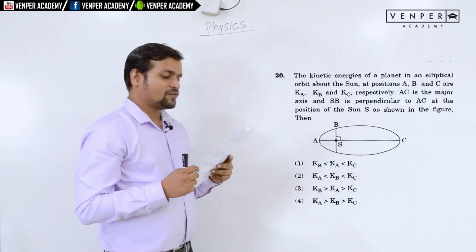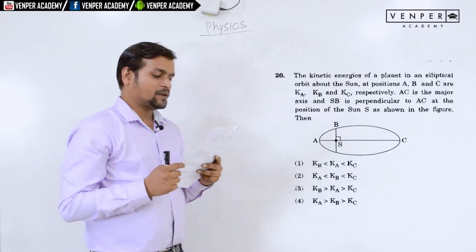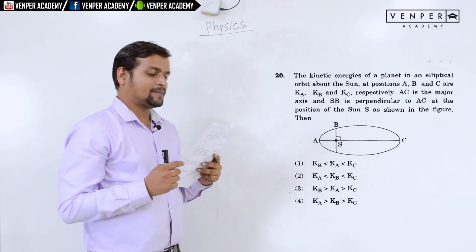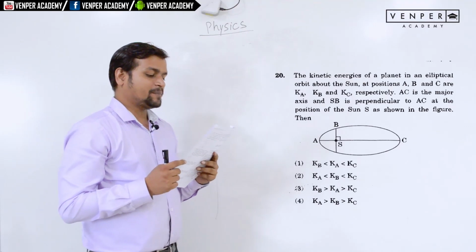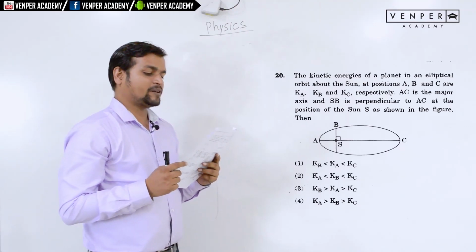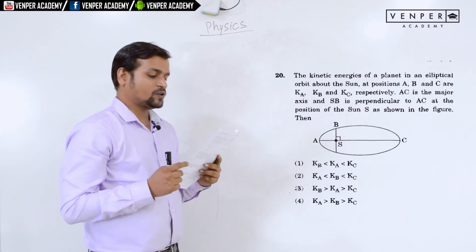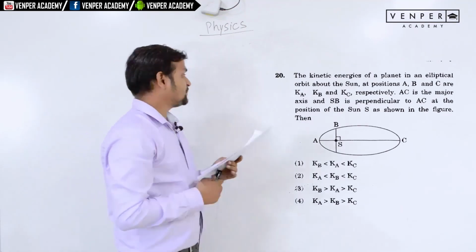See question number 20. The kinetic energy of a planet in an elliptical orbit about the sun at positions A, B and C are Ka, Kb and Kc. AC is the major axis and SB is perpendicular to AC at the position of the sun as shown in the figure, then.